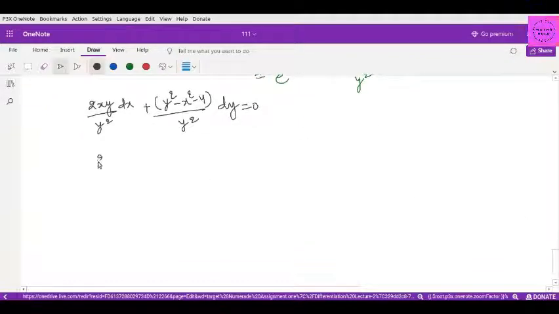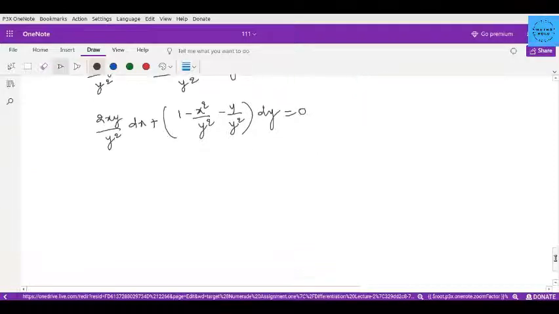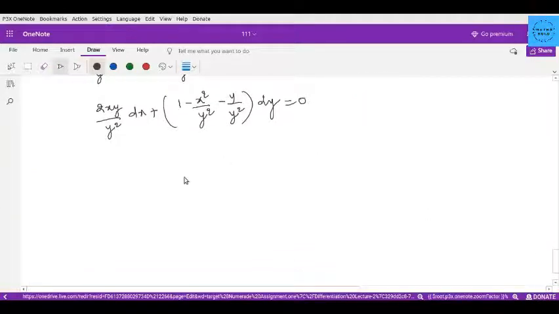So it is 2xy upon y square dx plus 1 minus x square upon y square minus 4 upon y square dy, which is equal to 0. Now this is the final equation.